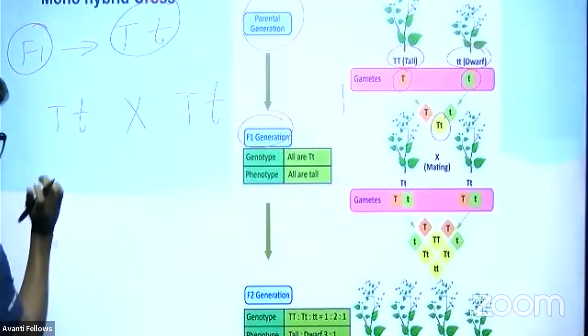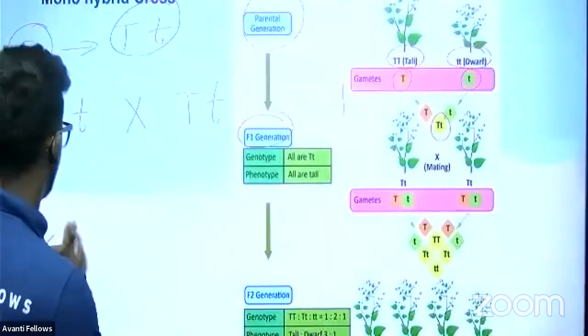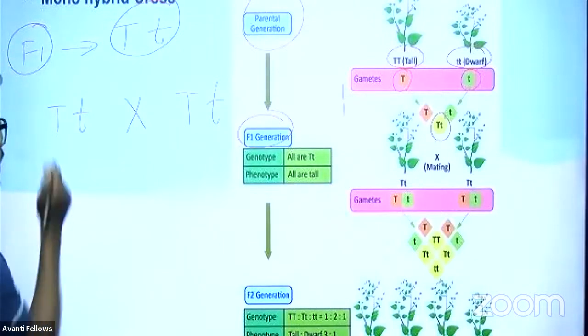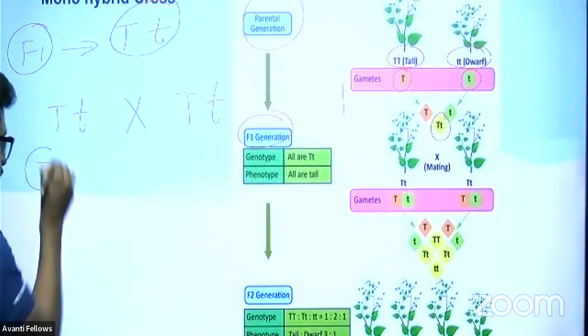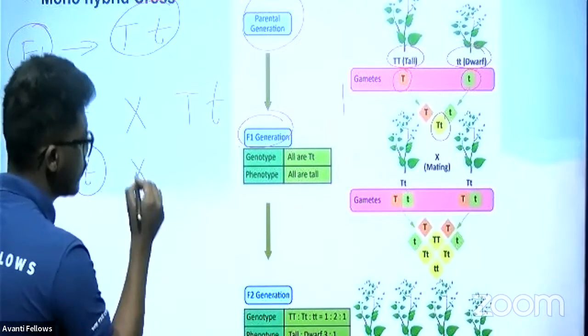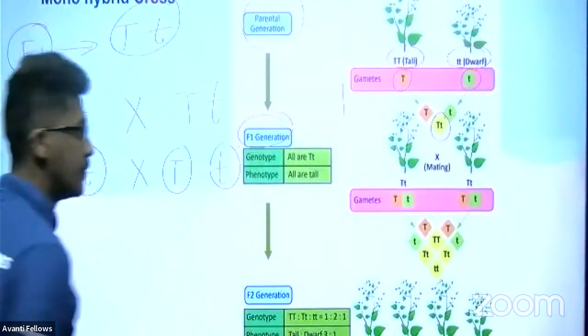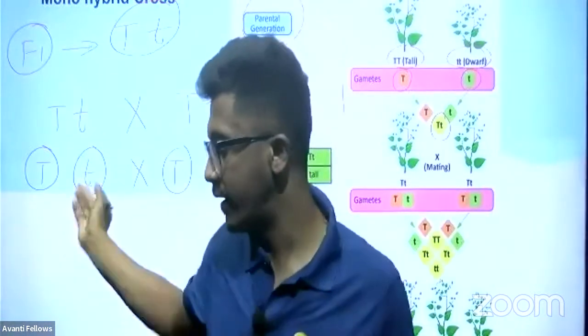In the capital T, small t plant, I have 50% capital T and 50% small t pollen. Then I cross with 50% capital T eggs and 50% small t eggs. Are you following me? How do we collect gametes?